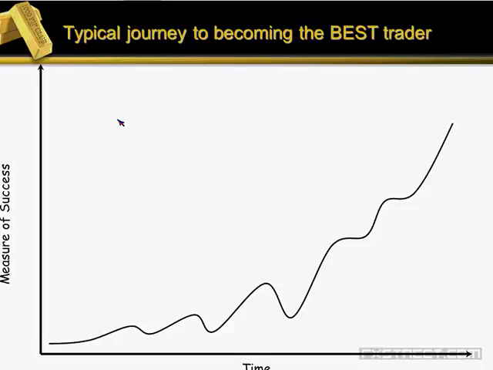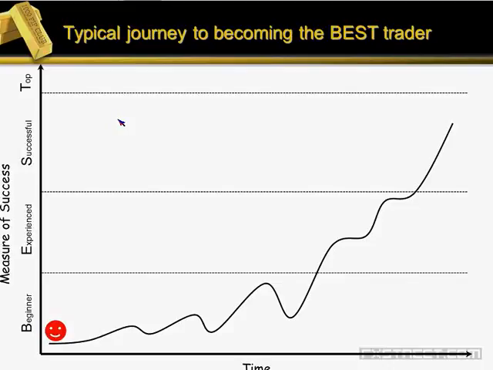So this is the typical journey of what we refer to as a best trader. And again, there's no rocket science to the word best. I just use that term because it ties very nicely with what we refer to as the 4 levels. Either you're a beginner, somebody who's just started Forex or has been at Forex for quite some time but not necessarily been very successful.